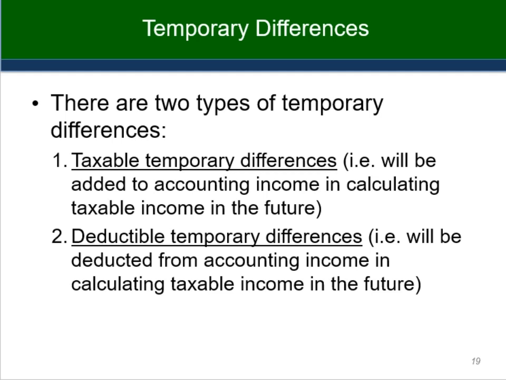So taxable temporary differences are added to accounting income in calculating taxable income. So there's an increase of income between accounting and taxable income. Deductible goes the other way. So things that will be deducted from accounting income in calculating taxable income. An example of that would be the CCA in excess of depreciation.